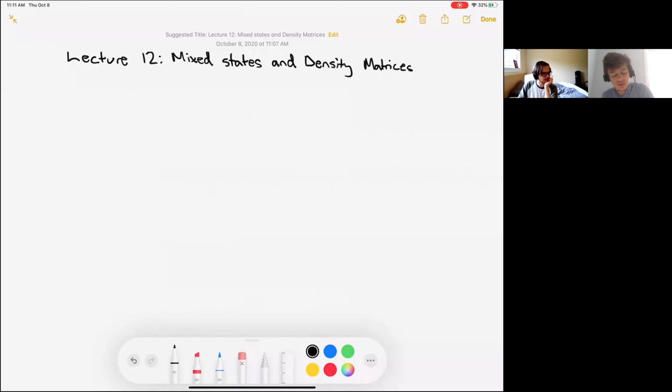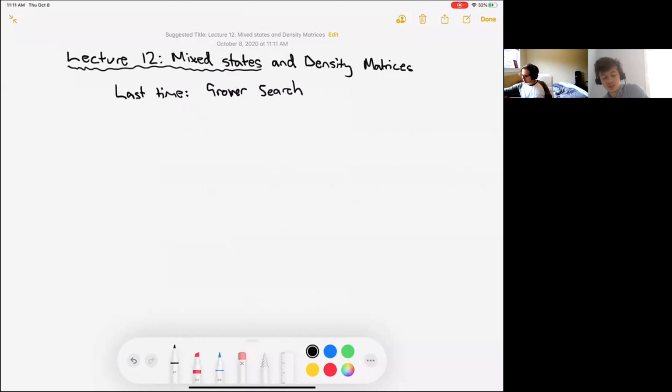So, last time on Tuesday, we obviously talked about Grover search and how it can be applied to a really quite large class of classical algorithms, but it only gives them a quadratic speed up, unlike something like Shor's algorithm, which gives an exponential speed up.